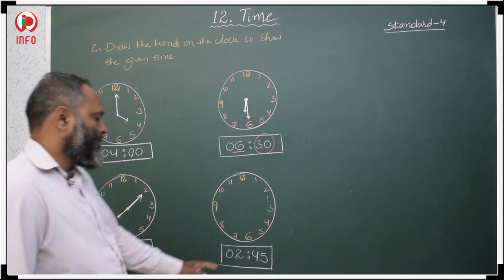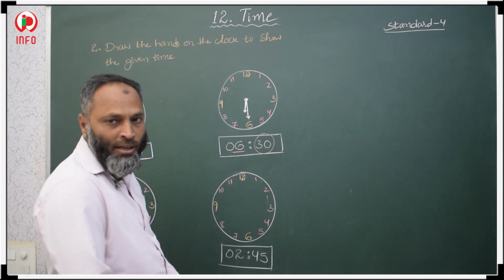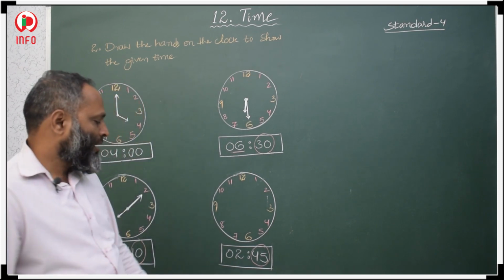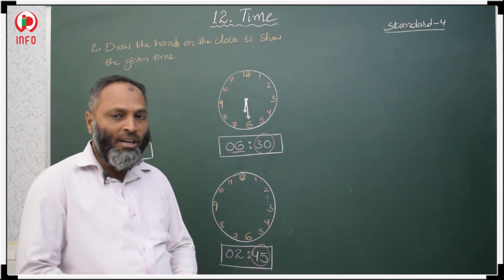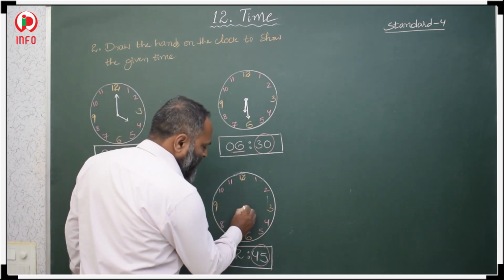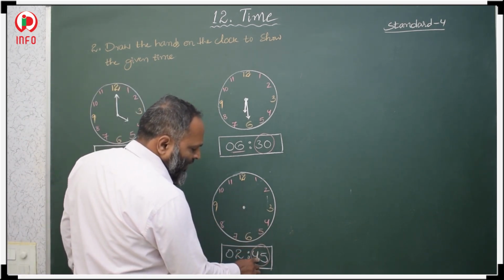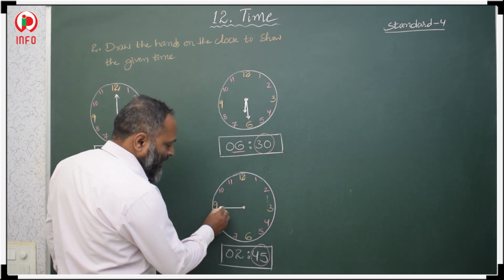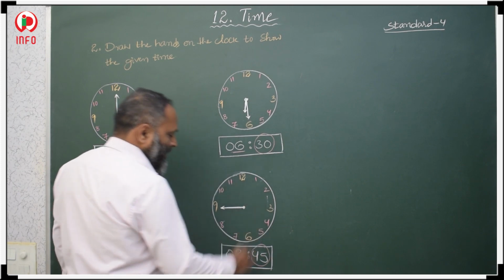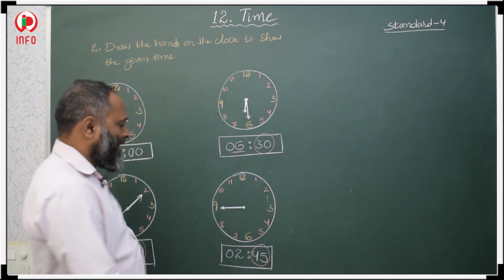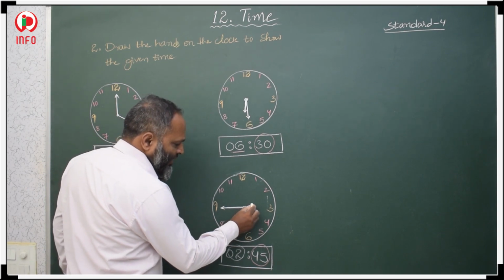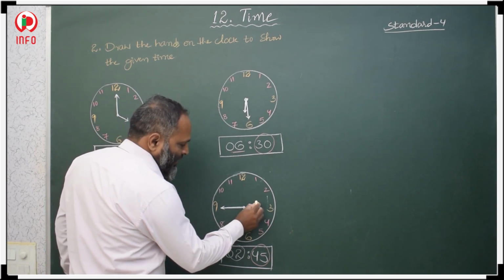Okay. Now 2:45. Here where is the minute hand? We should check 45 first. In the 5 table, when do you get 45? 5 9s are 45, so the minute hand is at 9. Then where is the hours hand? The hours hand is at 2, but not exactly at 2. It is near the 3.